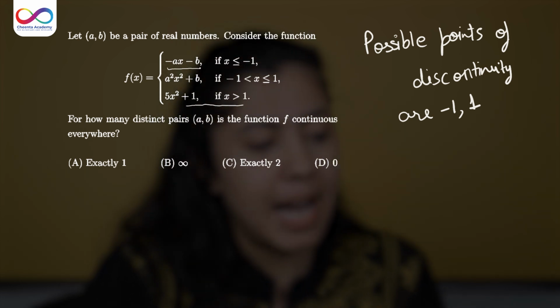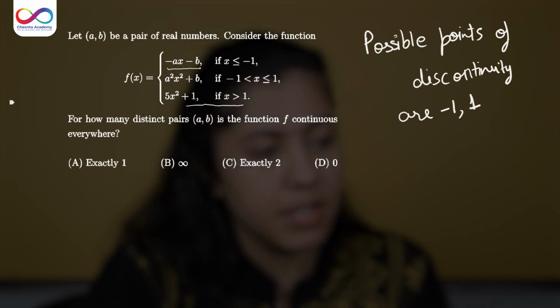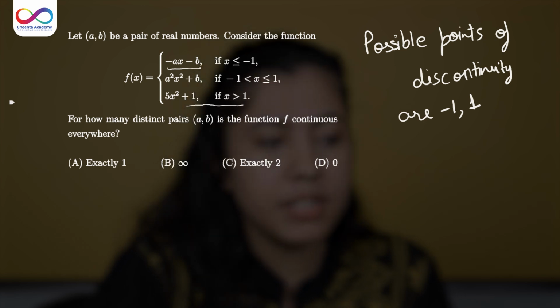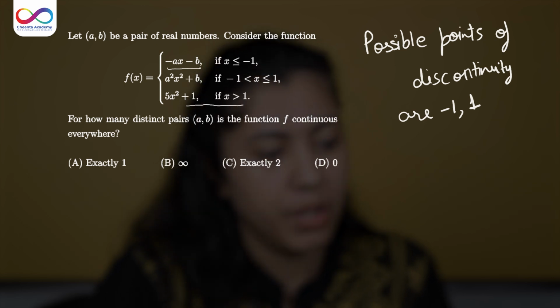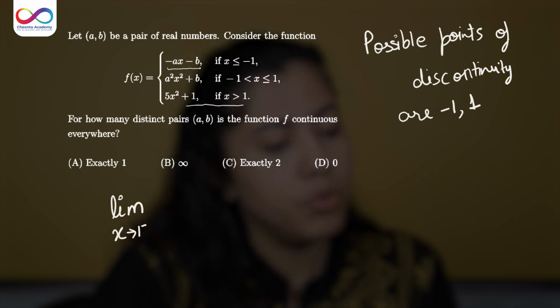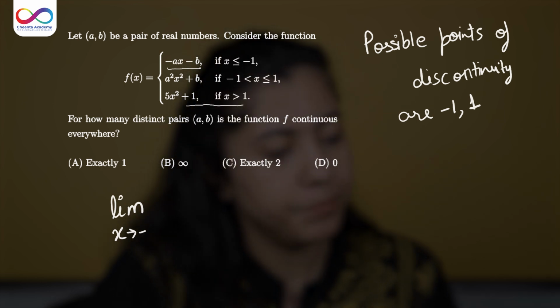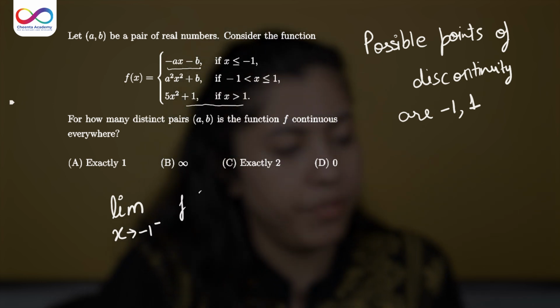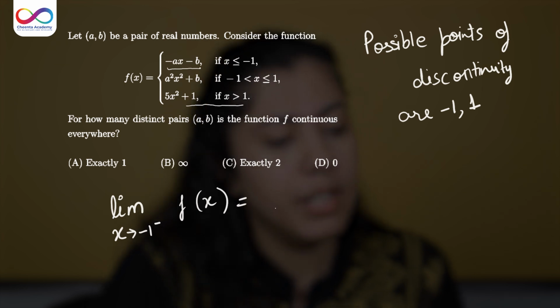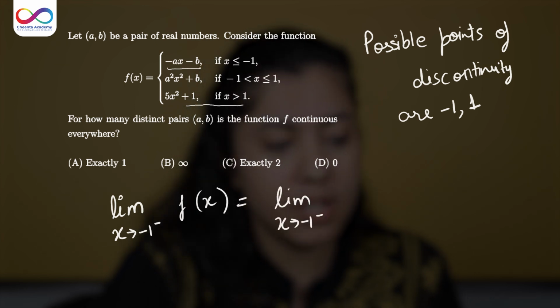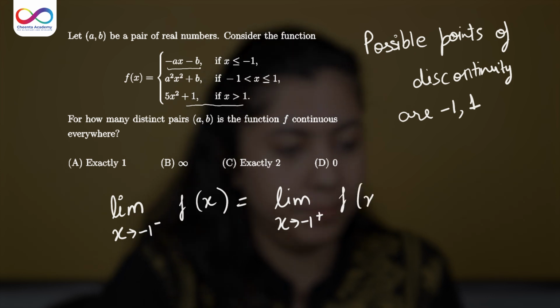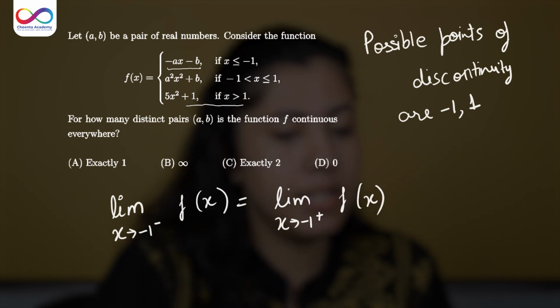And as the function is continuous, the left-hand limit and the right-hand limit should be equal. That is, the limit as x approaches minus 1 from the negative side of f of x has to be equal to the limit as x approaches minus 1 from the positive side. Let's find that.